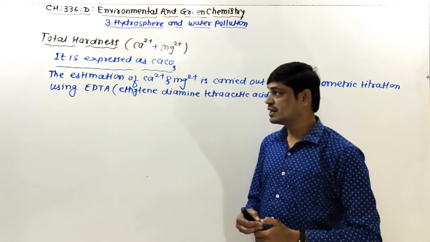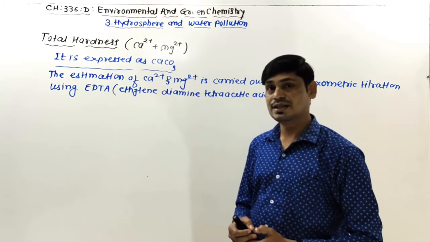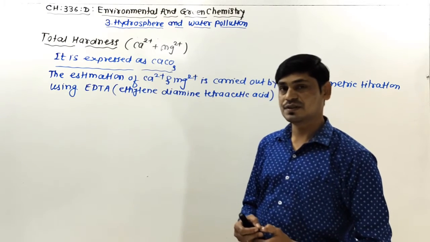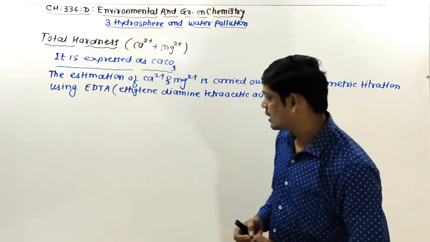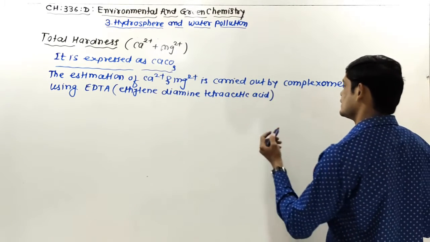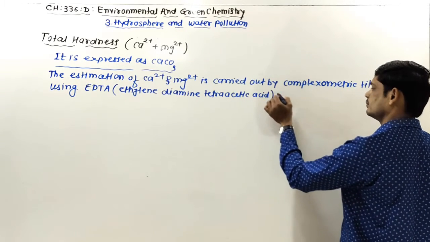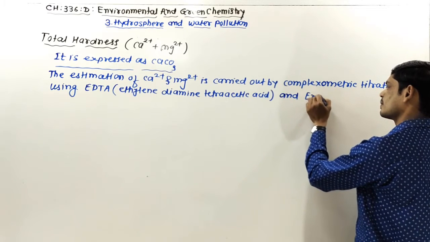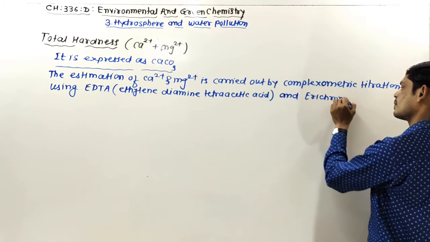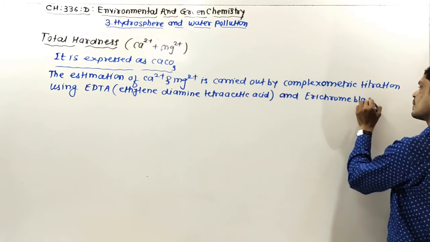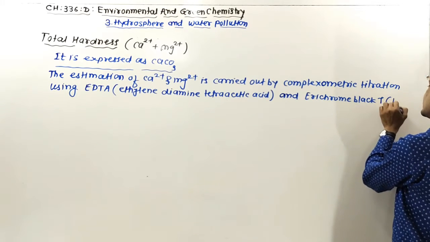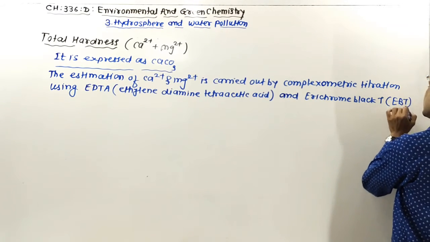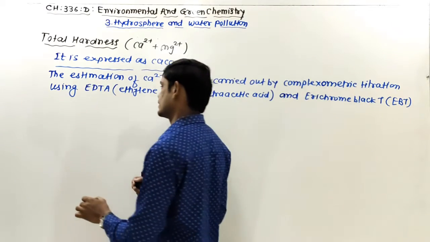We studied the chelate formation of EDTA with calcium and magnesium in inorganic chemistry. And for this titration, Eriochrome Black T, EBT, is used as an indicator.